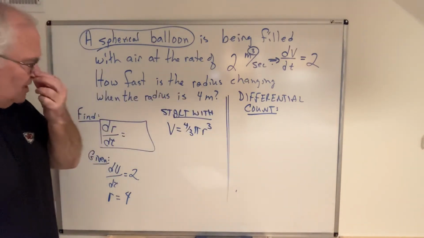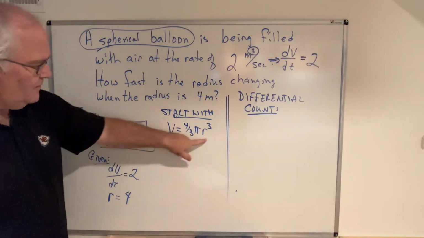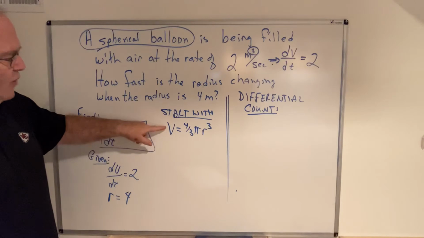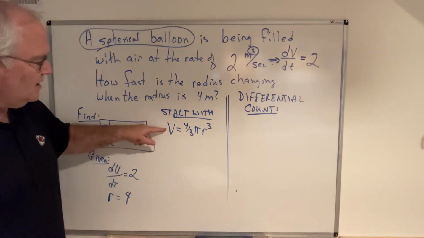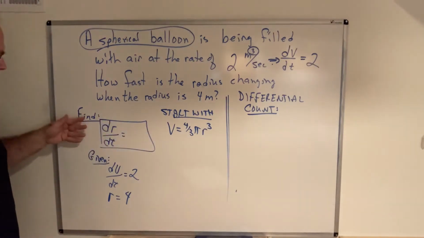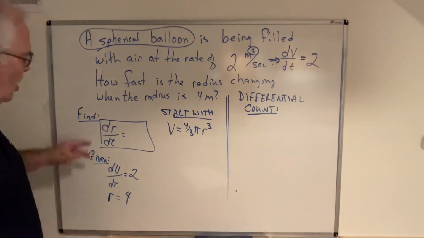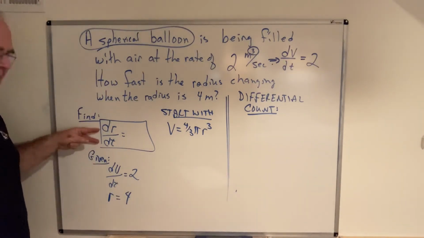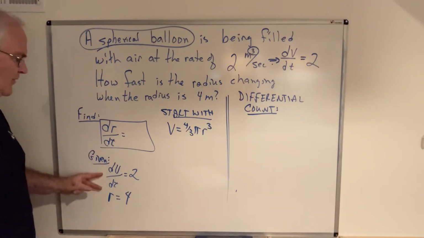If we took the derivative here, we would create dV dt. Now here's the process. Do we want dV dt in the problem? That's why you need to write down the find and the given. You are always going to be asked to find a differential, and one differential will be given, other differentials might be given.